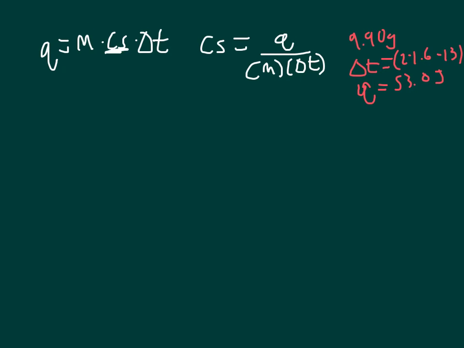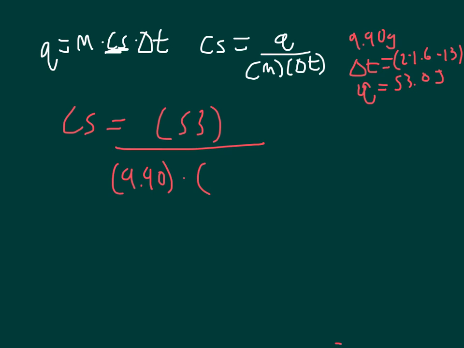So we just plug in what we know. CS is going to equal 53 divided by mass, which is 9.9, multiplied by 24.6 minus 13. Remember, 24.6 is the final, 13 was the initial.